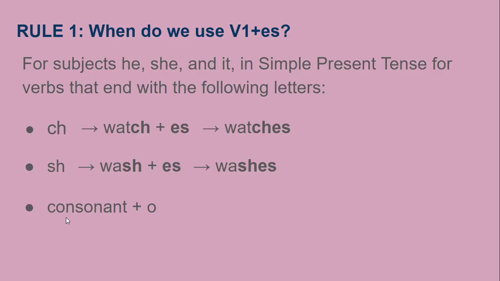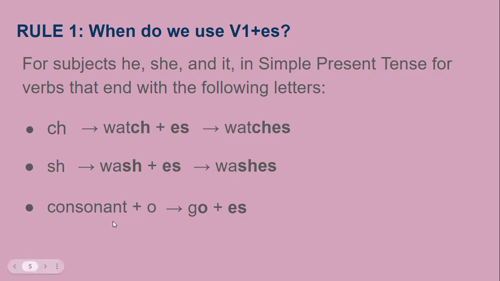Remember, a consonant is any letter which is not an A, an E, an I, an O, or a U. So if your verb in the simple present tense for subject he, she, it ends with consonant followed by the letter O, you add ES.